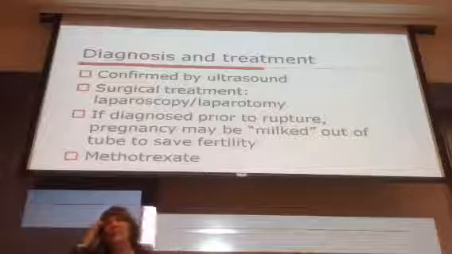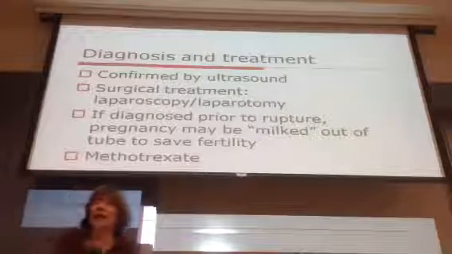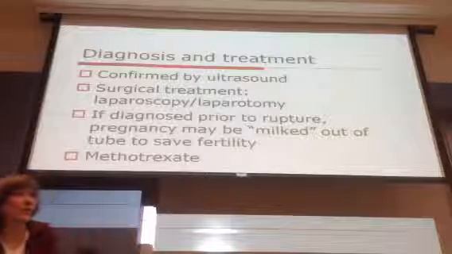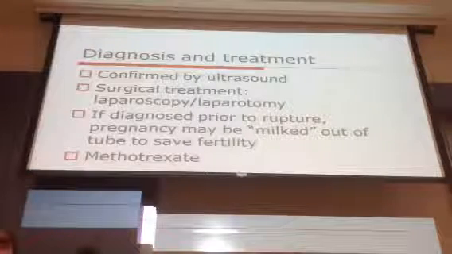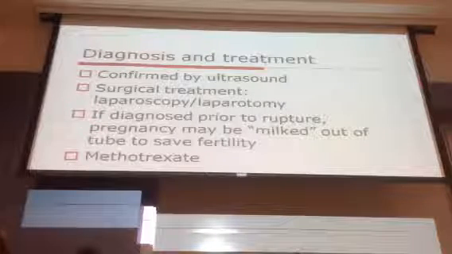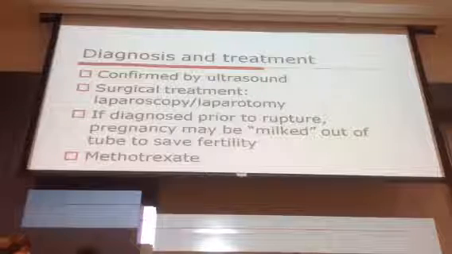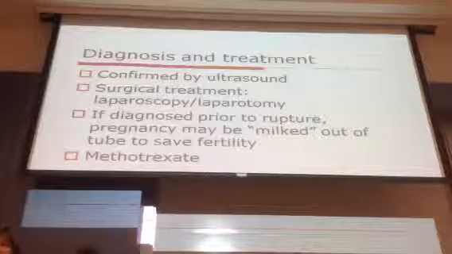That's probably the optimal way to manage it if they can, because they're not giving a large enough dose of methotrexate to cause any other kinds of symptoms. There's no hair loss, no sores, nothing you would think of with that kind of chemotherapy medication. So it's the most non-invasive way to manage this.